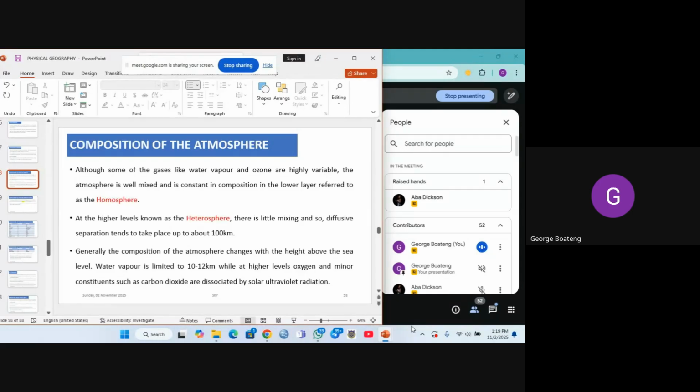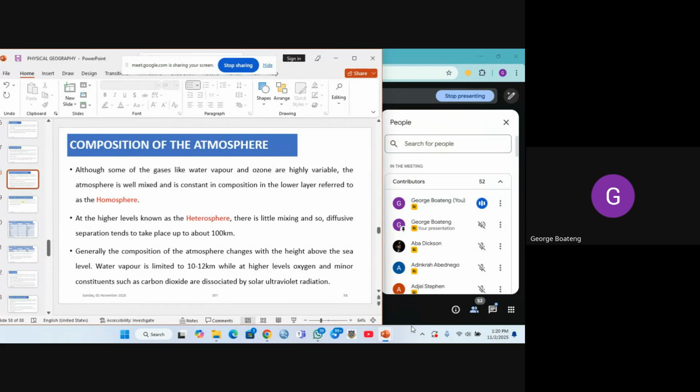That is the heterosphere. And those do not happen within the troposphere, because we say within the troposphere, all the gases, about 99%, are in their rightful proportion. Now, because of the ultraviolet radiations, the rest all happening in the atmosphere going up, the gases tend to reduce as we move higher.